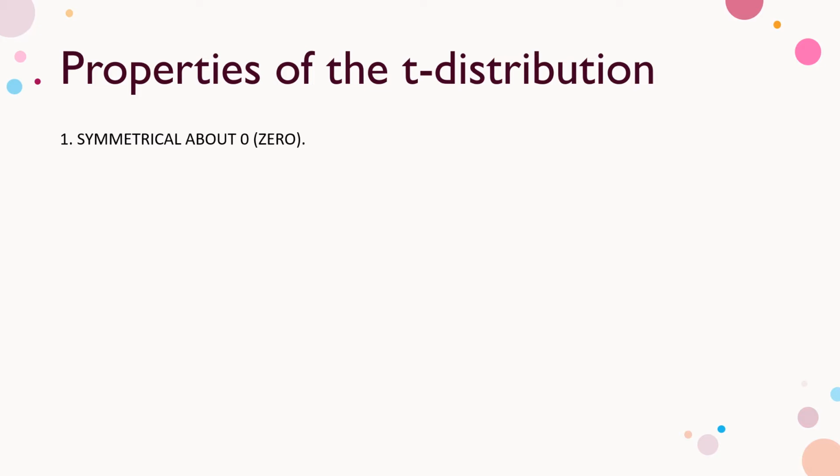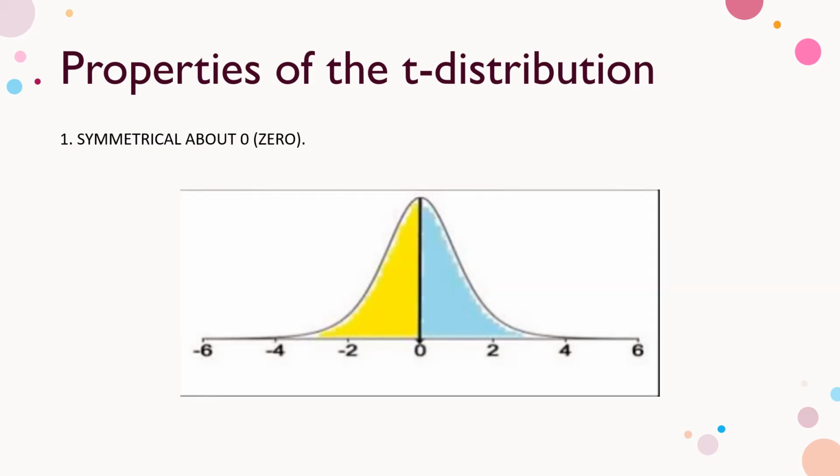Let us proceed with the properties of the t distribution. To start with, we have number 1. The t distribution is symmetrical about 0. So if we have here a t curve, we can see that if we draw a line along 0, along this part of this curve, we will result with two identical parts.